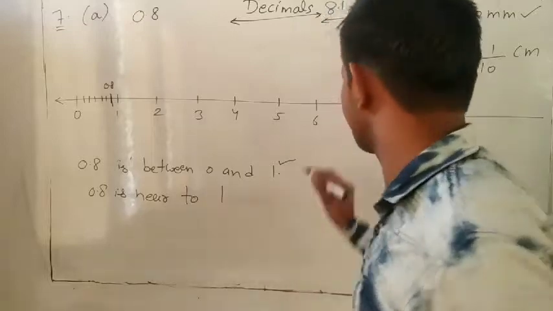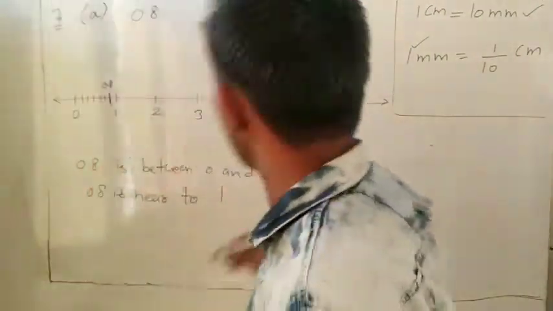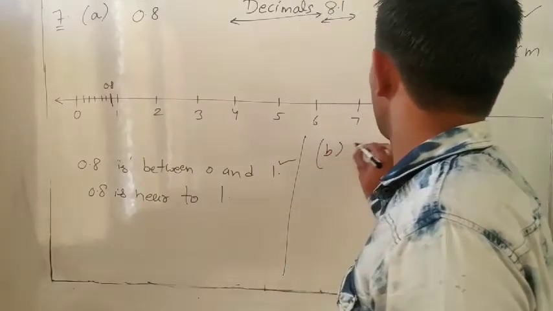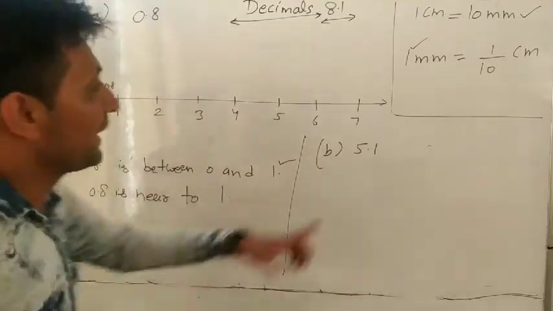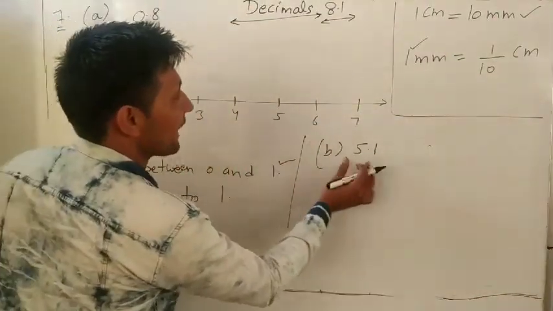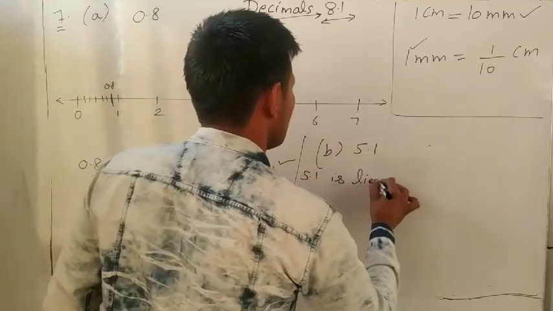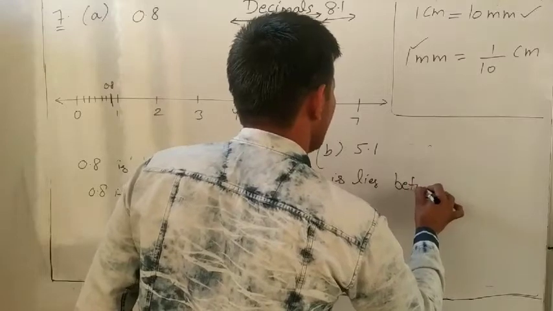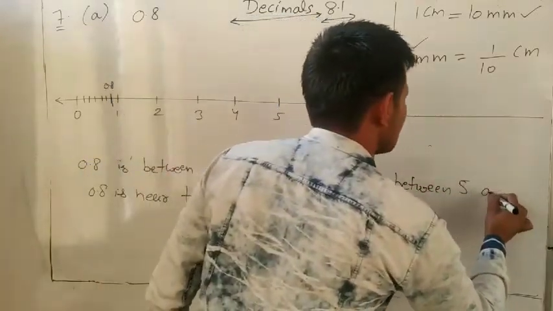Next B part. Suppose now we have to find B, 5.1. 5.1 means 5 plus something. So it means 5.1 lies between 5 and 6.